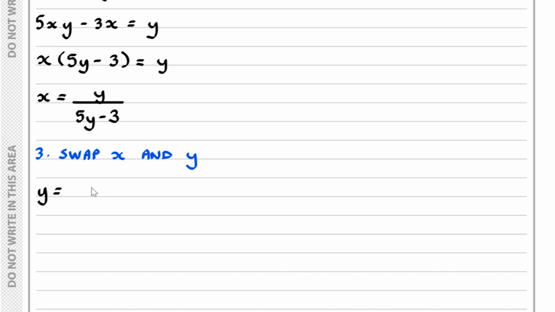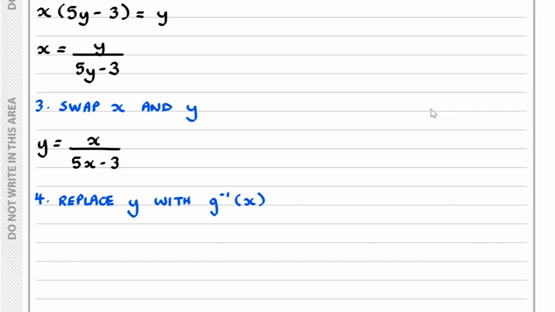So we have y equals x over 5x minus 3. Our fourth step would be to replace y with the inverse of g. So we can therefore conclude that the inverse of g is equal to x over 5x minus 3.